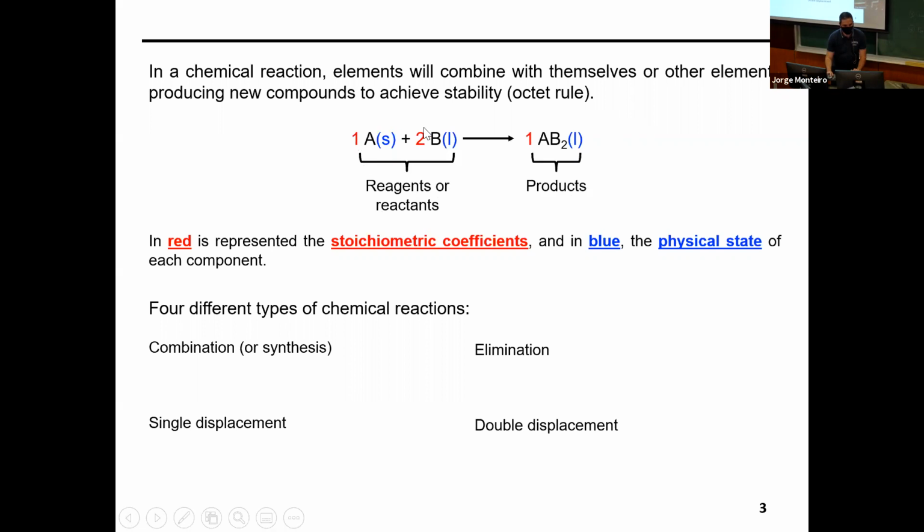The numbers in red are stoichiometric coefficients, or the amount of the element or the compound. And in blue, we have the physical state of each component.